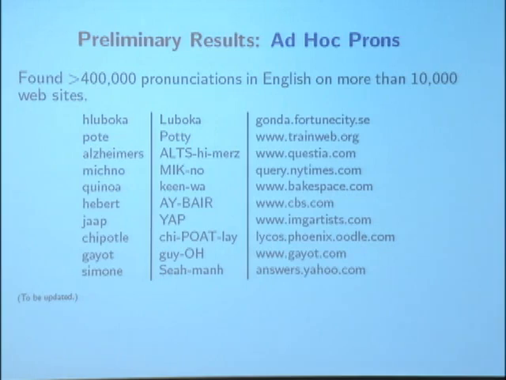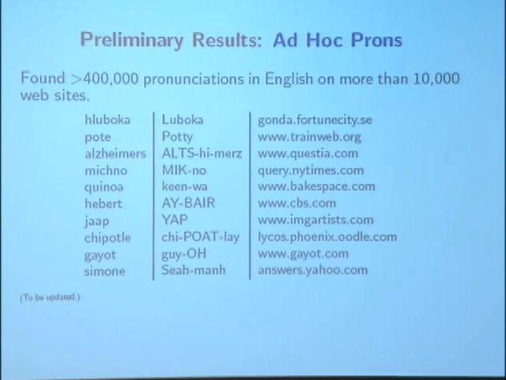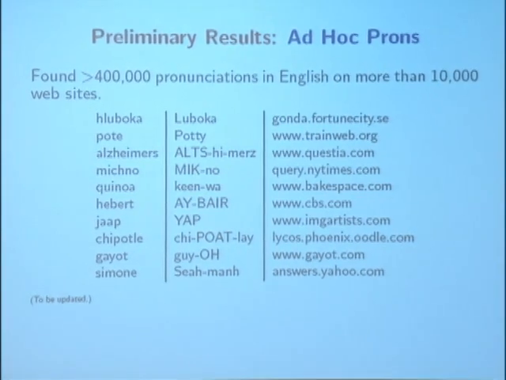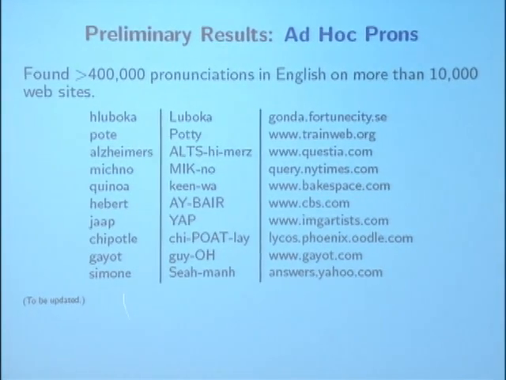Here are some examples. Now, this slide says "to be updated", so I will now give you the update: we now have 5 million of these. But these are just some examples that were collected earlier. Notice the word Alzheimer's or something like that.